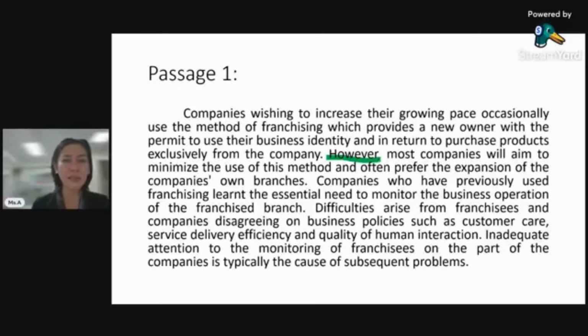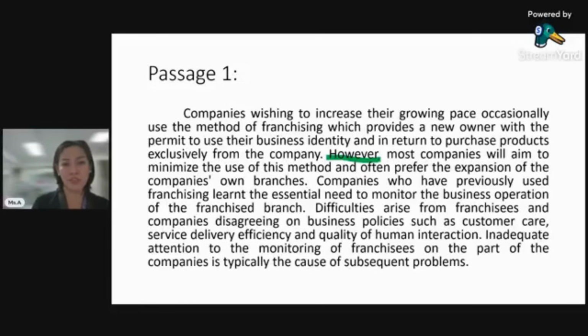Okay, so sinasabi na yung mga companies daw, they wanna grow, they wanna increase, okay, through franchising. Pero most of the time, syempre ang mas gusto pa rin po nila is magkaroon ng expansion pero own branches pa din.